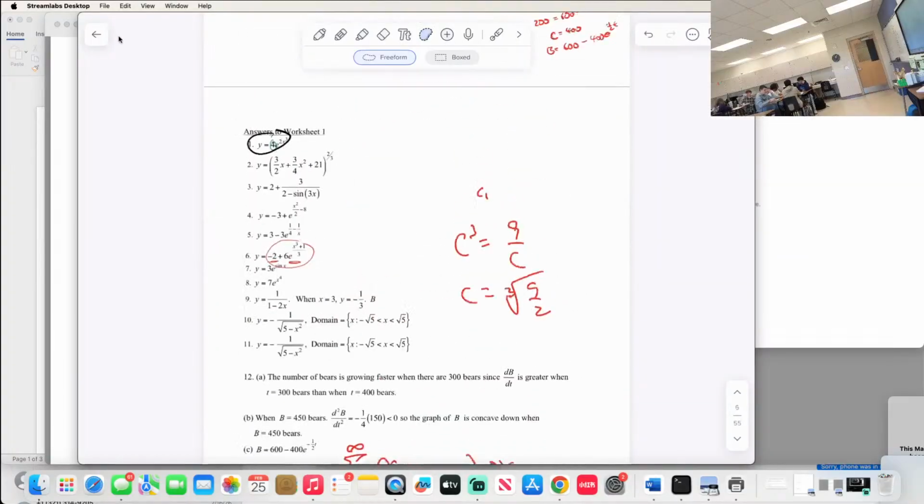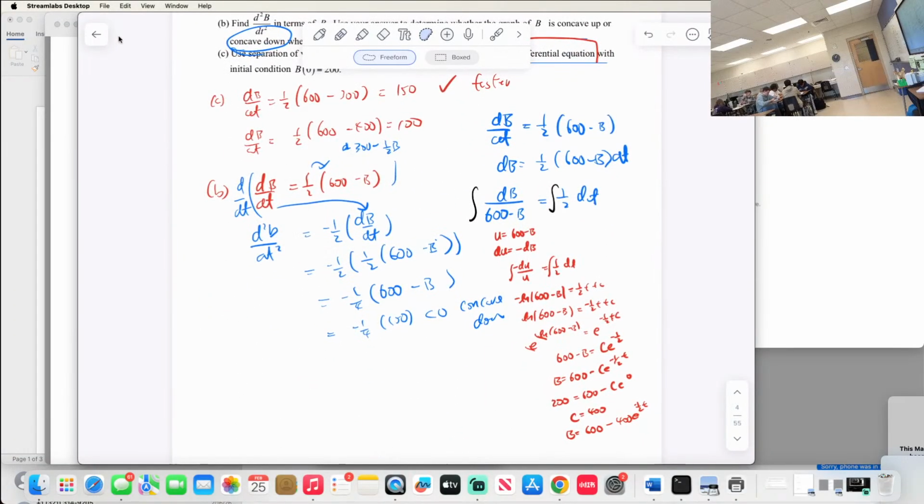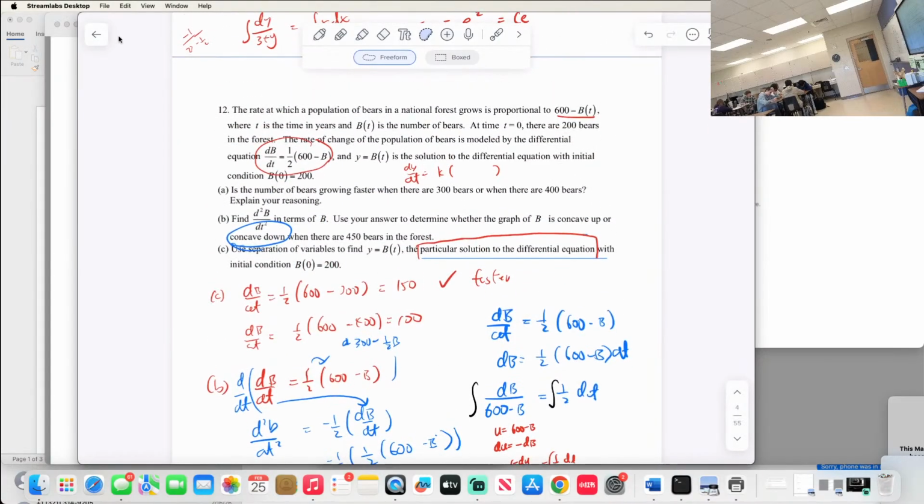Can you explain where the negative 1/2 comes from? What do you mean, negative 1/2? I think it was negative 1/2. Wait, hold on a second.